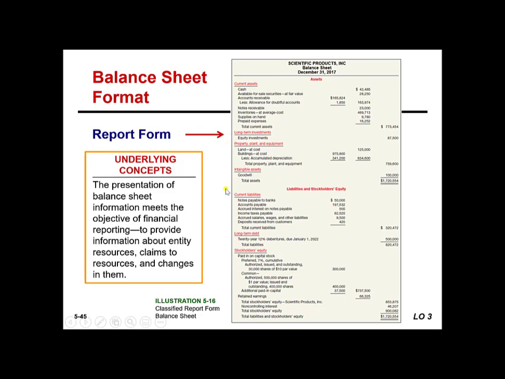Then you have your liabilities and stockholders' equity, which consist of current liabilities, long-term liabilities such as long-term debt, and then your stockholders' equity, which consists of your paid-in capital, your stock, and your retained earnings. Then you have your total liabilities and stockholders' equity, which should balance your asset section.